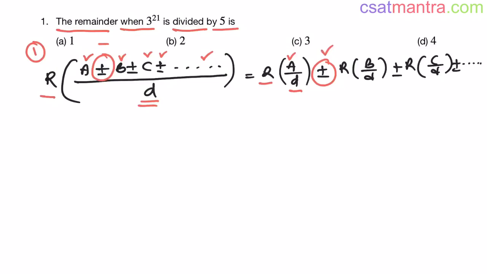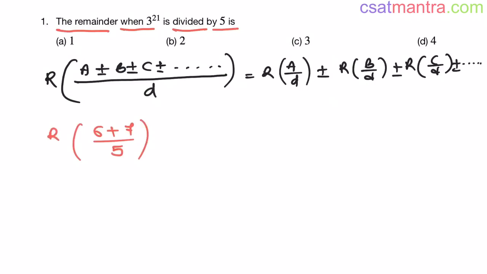If you have plus here, you will have plus here. If you have minus here, you will have minus here. Both signs should be the same. Then remainder of b divided by d, this is how you read it, plus or minus remainder of c divided by d, plus or minus and so on.